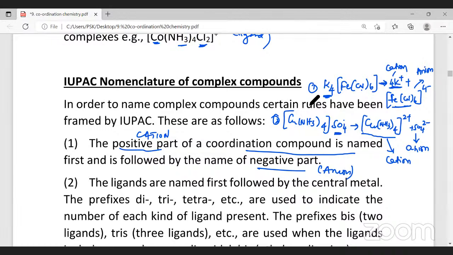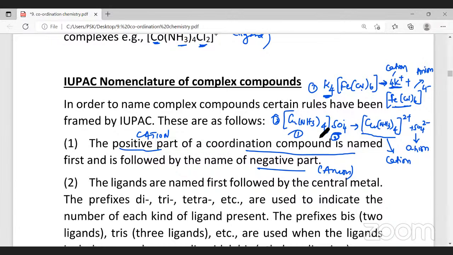So in the first example, what will you name first? Potassium, followed by the complex. In the second example, the complex is named first, and the counter ion second. Did you understand this point? So when you name a coordination compound by IUPAC, first the cation has to be named, and then the anion. No problem with this?